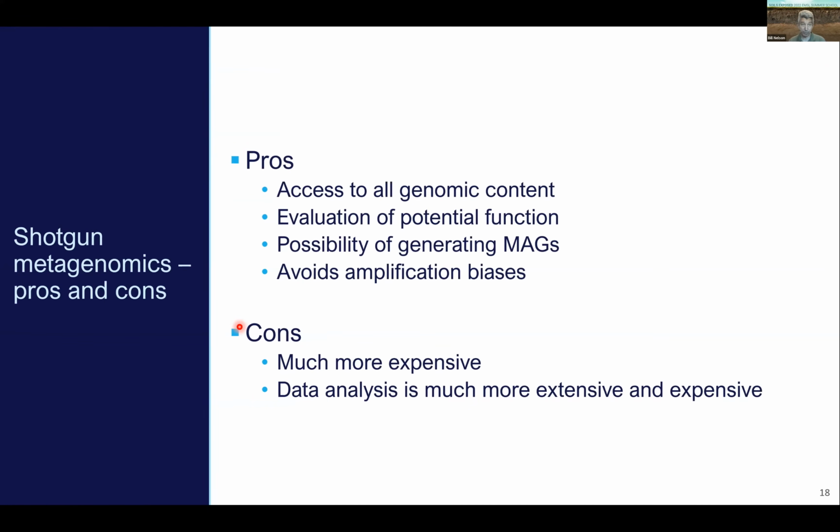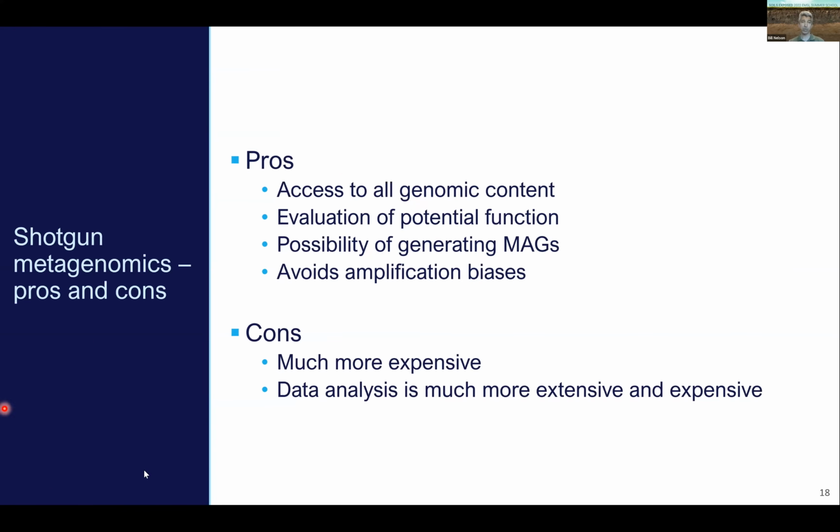The pros of shotgun metagenomics are that you have access to all the genomic content. This allows you to do things like evaluate the potential function of your organisms or community. You have the possibility of generating your metagenome assembled genomes, and it avoids the amplification biases that you would see from amplicon analysis.